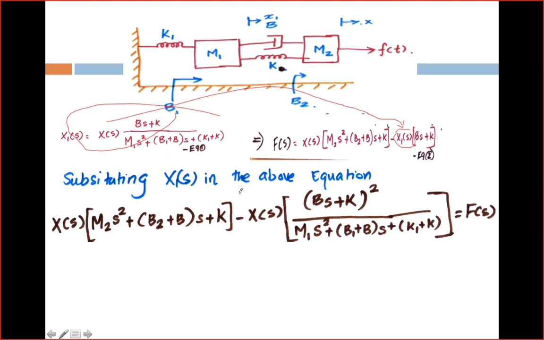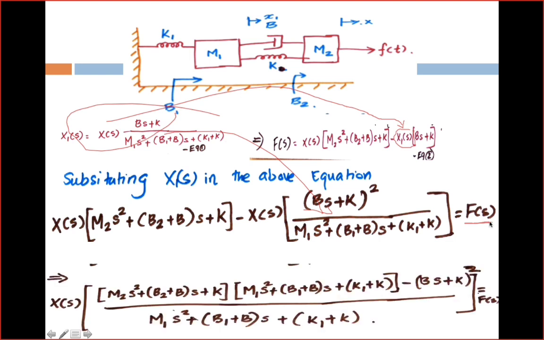So x of s into bs plus k the whole square divided by m1 s square plus b1 plus bs plus k1 plus k, which is equal to f of s. I simply substituted, simple mathematical substitution.